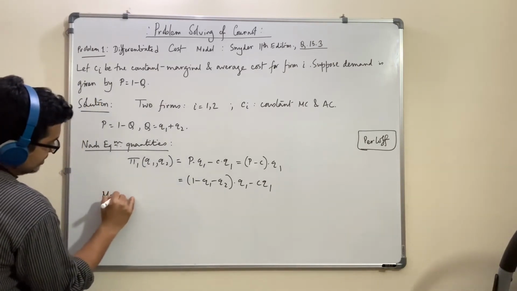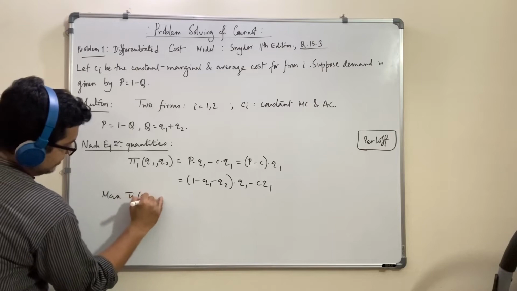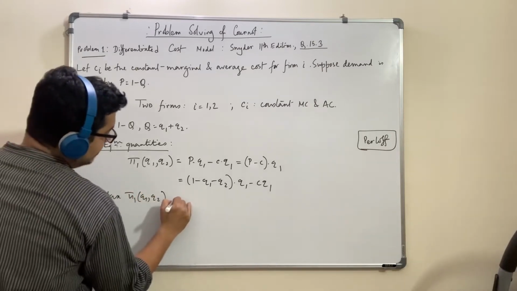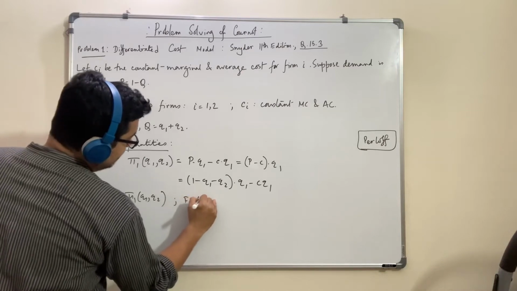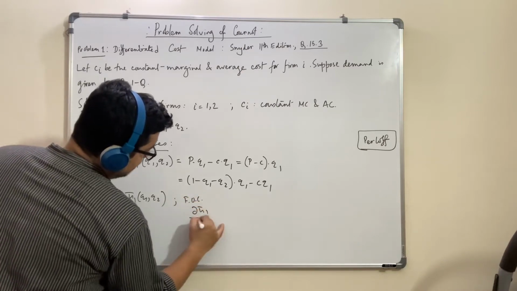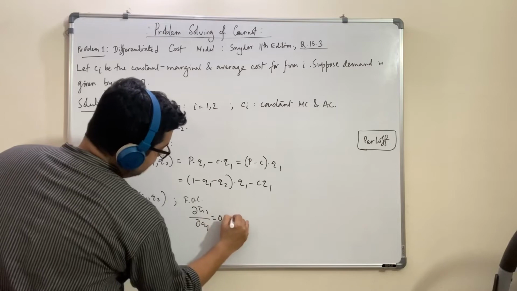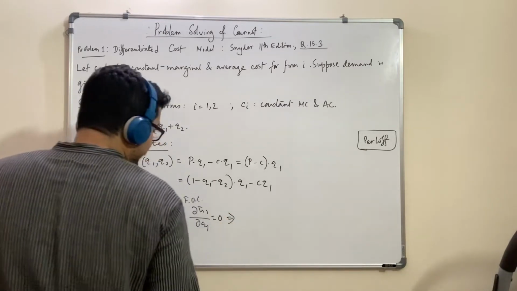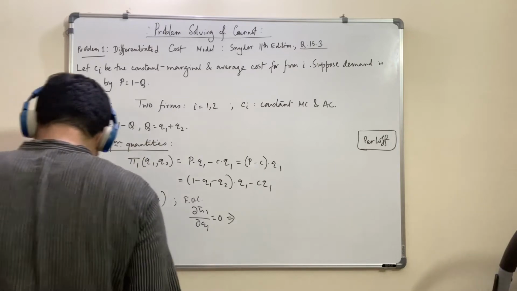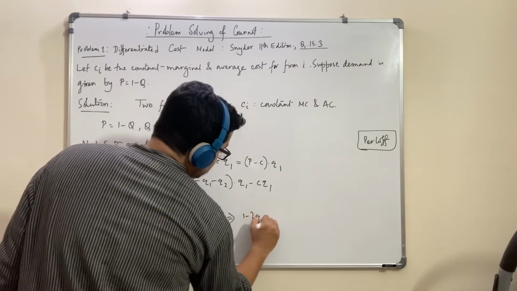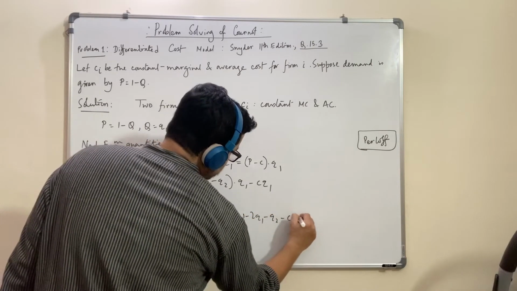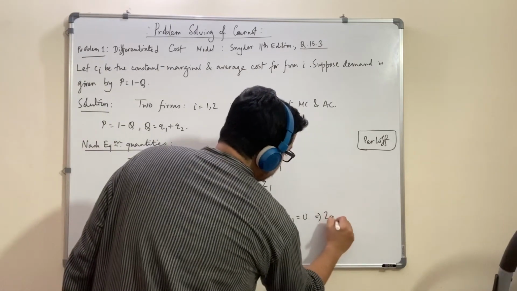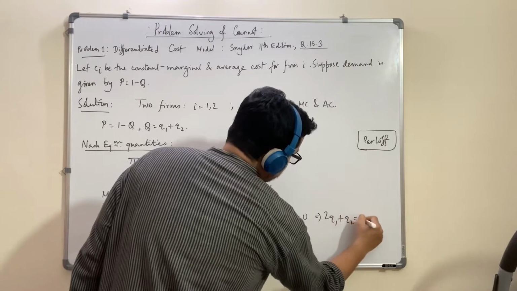So our task is to maximize this against q1, and the FOC here is del pi1 / del q1 = 0, which if we calculate will be 1 - 2q1 - q2 - c1 = 0, which then will be 2q1 + q2 = 1 - c1.